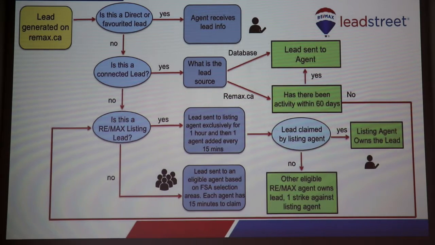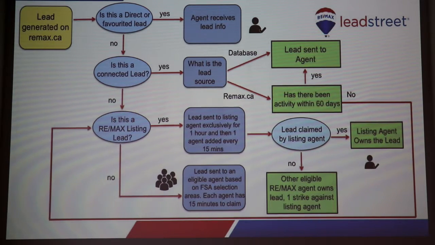So if it's my listing and I see this lead come through, I know that I'm the first person it was offered to because it's my listing. You know that it goes to you for 1 hour. Following me? You have an hour to accept, decline, or have it move forward.